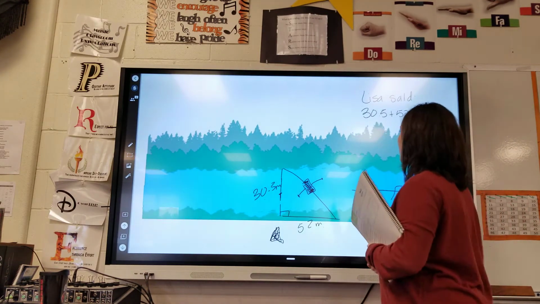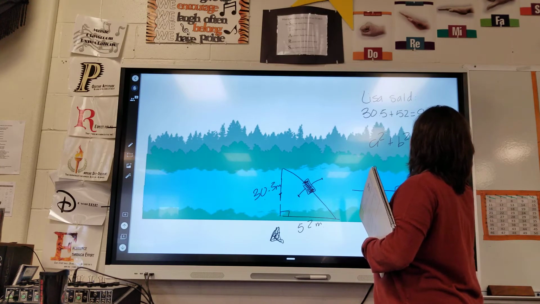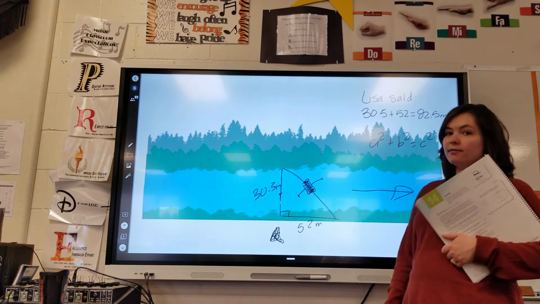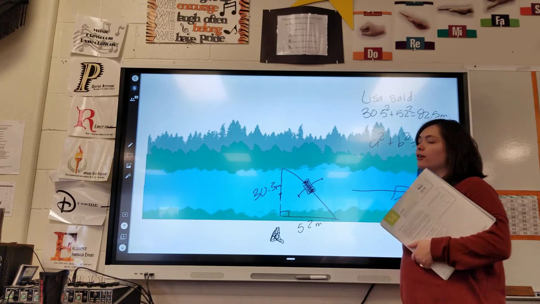Well, if we know our Pythagorean theorem is a squared plus b squared equals c squared, the reason it can't just be 82.5 meters is because she did not square the values.